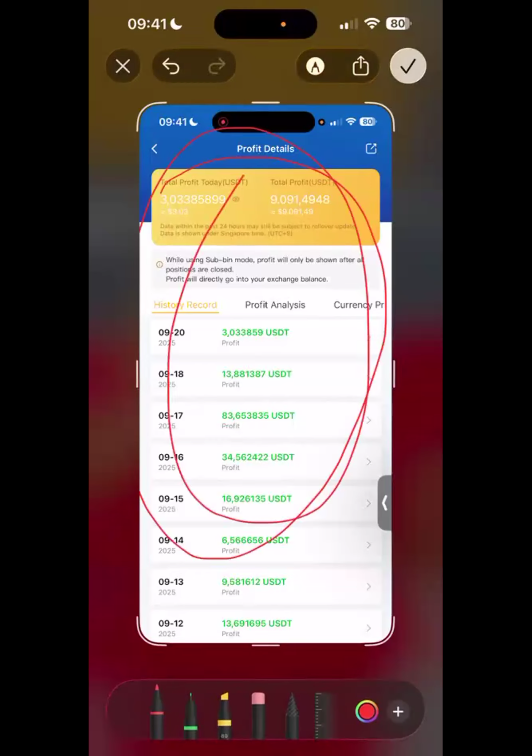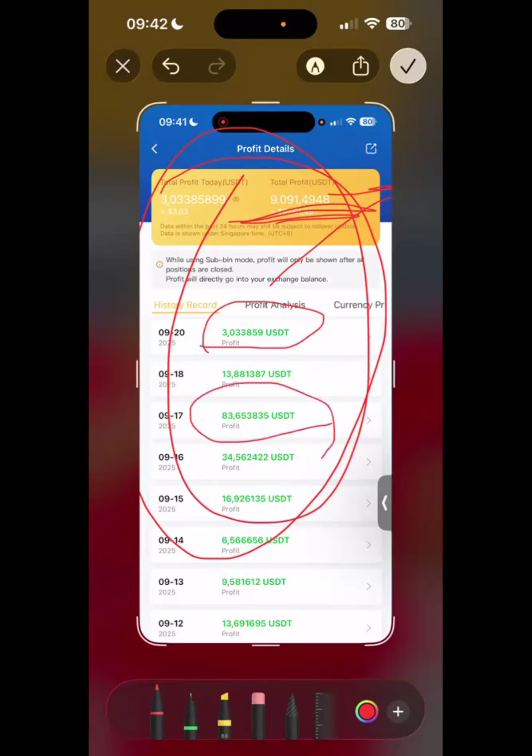Why? Because your trading capital is not on the robot, it's on your exchange. So if I should make $3 today, that $3 is added to my balance. So I have to go and transfer this $3 to my funding wallet. Then the profit is there. RoyalQ cannot do that for you. Why? Because it doesn't have control over your exchange. So you need to do that manually.